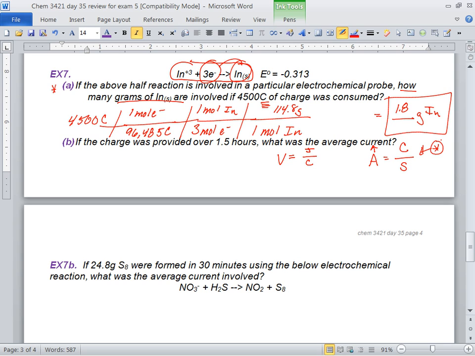So just convert the hours to seconds, and then divide coulombs by seconds, and you got it. Pretty sure an hour is 3,600 seconds. Yes, then you'll get it.